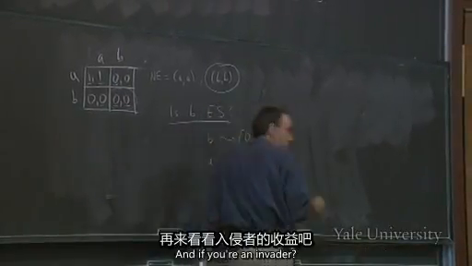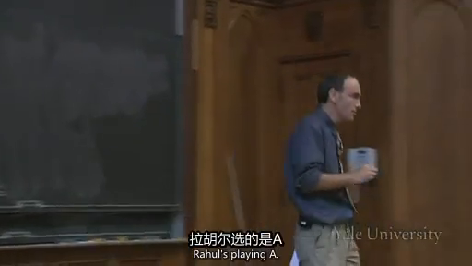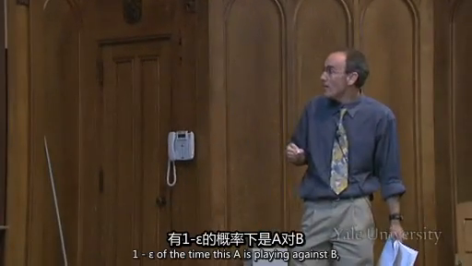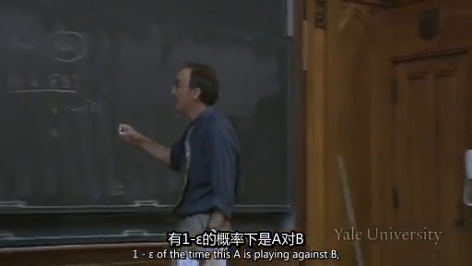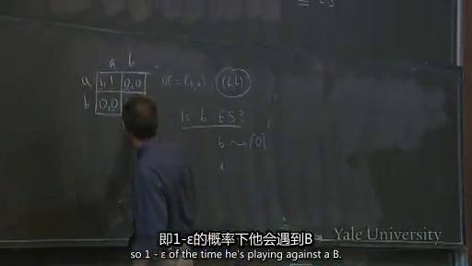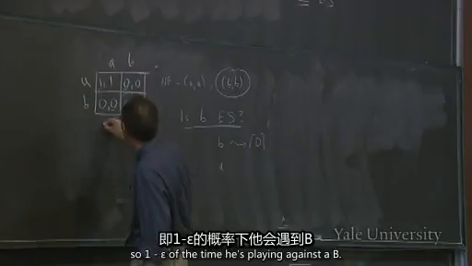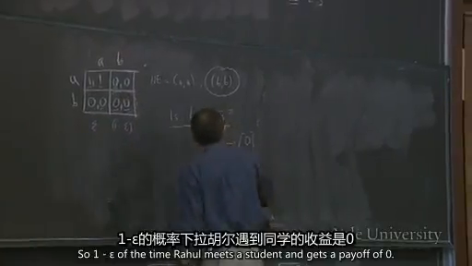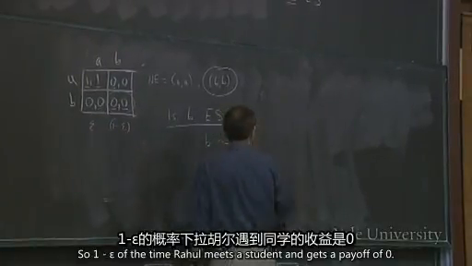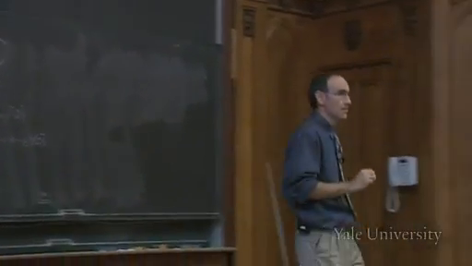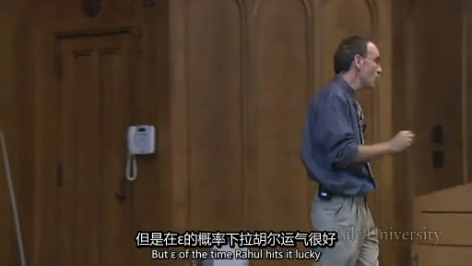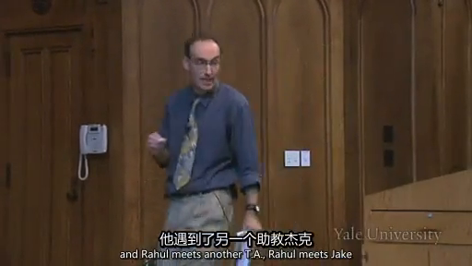And if you're an invader, how's Rahul doing this time? Rahul's playing A. 1 minus epsilon of the time, this A is playing against a B, so Rahul meets a student and gets a payoff of 0. But epsilon of the time, Rahul hits it lucky and meets another TA.